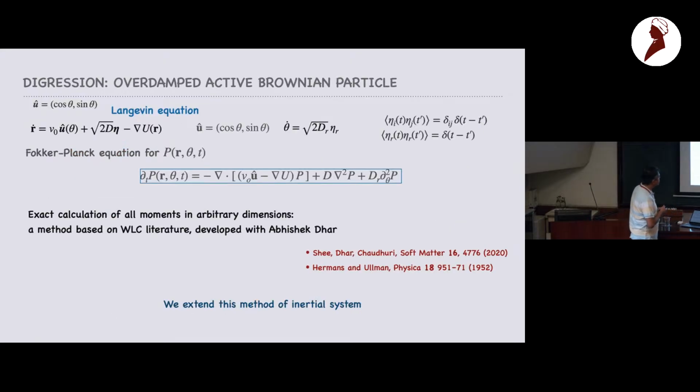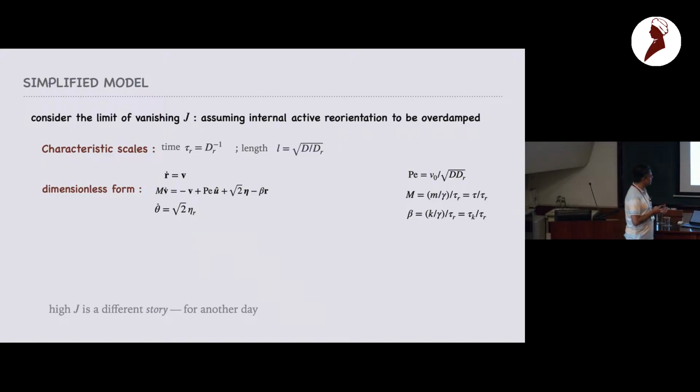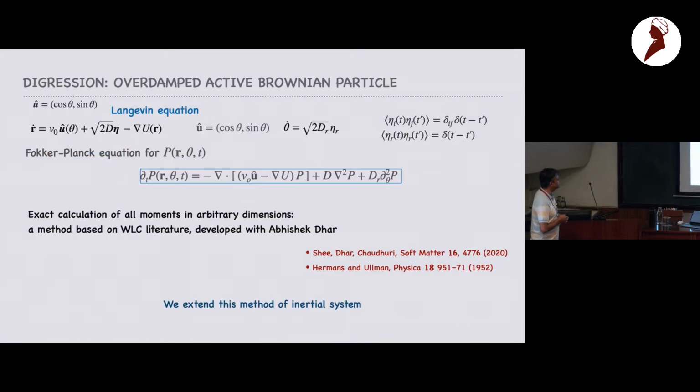Okay, so if I write down these kinds of equations, at least in the overdamped limit, one can show directly that the trajectory generated by a persistent random walker is equivalent to a configuration of a semi-flexible filament.